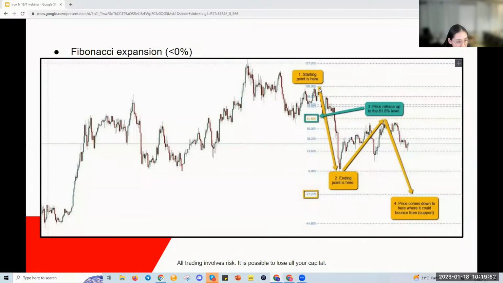So you retrace the mid-range from here to here. And you make use of the support in the negatives, which means the negative 27.2 and the negative 61.8.